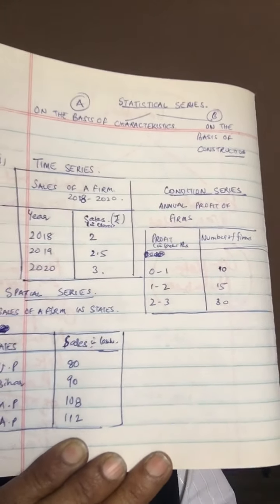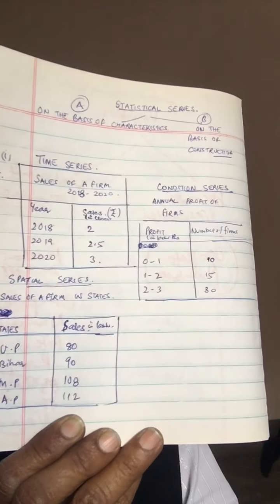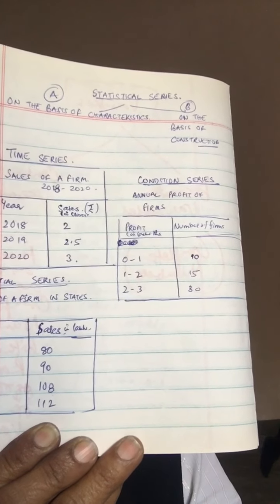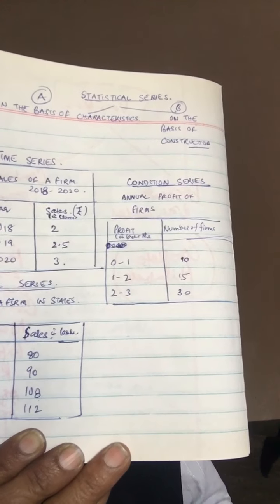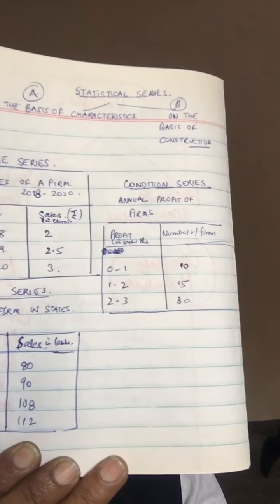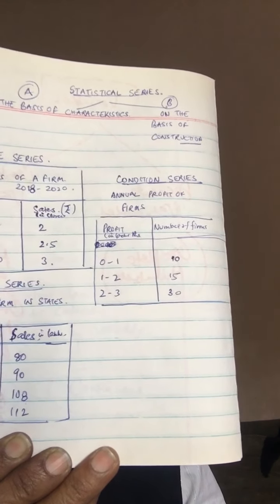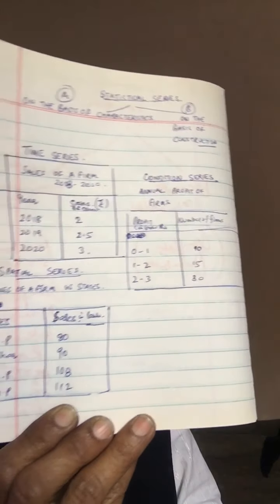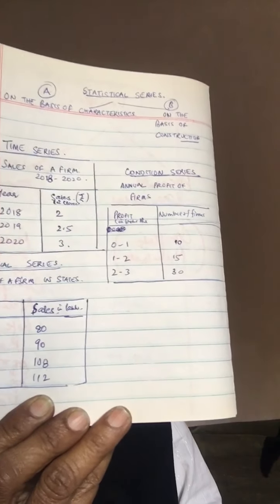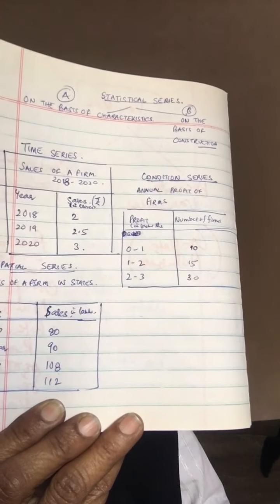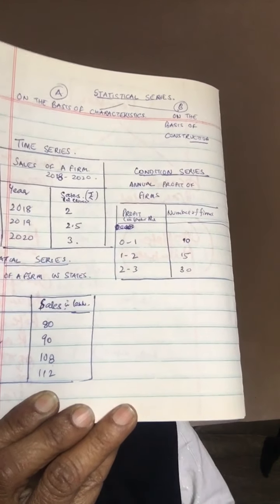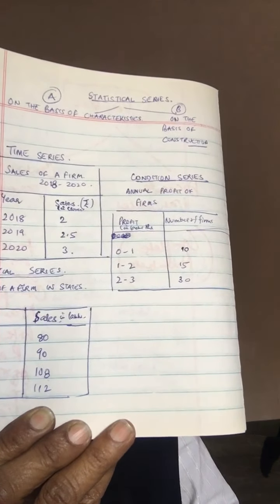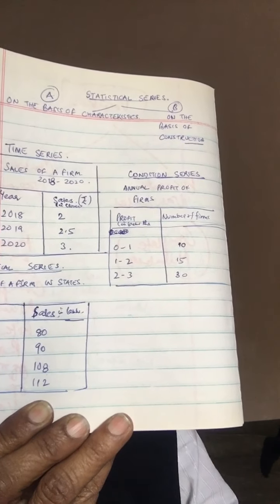In this, we have the sales of a firm in rupees crores in different years, say 2018, 2019, 2020. So this type of classification, on the basis of the characteristic of time, is known as time series.